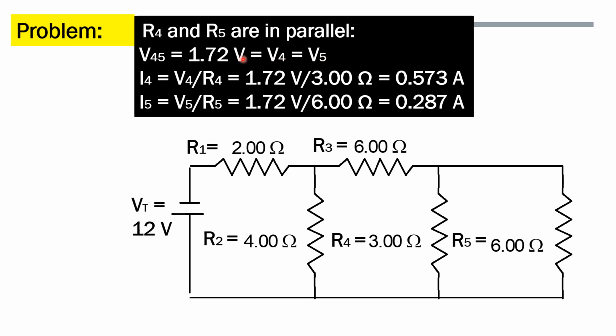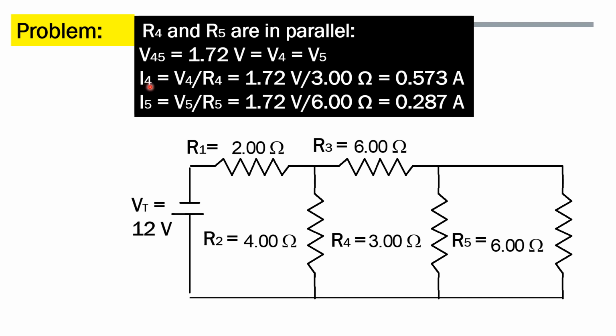That's why we equate this value to V4 as well as to V5, because individually R4 and R5 have this voltage across each of them. So the last part of the solution is to determine the current through R4 as well as R5.